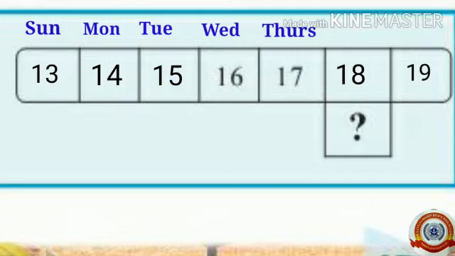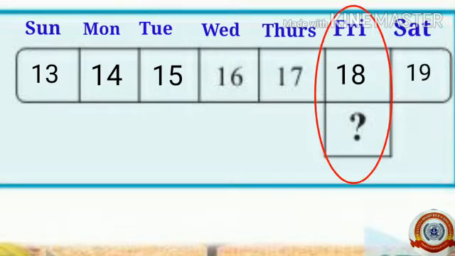Next, let's place the days on these dates. 13th is Sunday, 14th is Monday, 15th is Tuesday, 16th is Wednesday, 17th is Thursday, 18th is Friday, and 19th is Saturday.